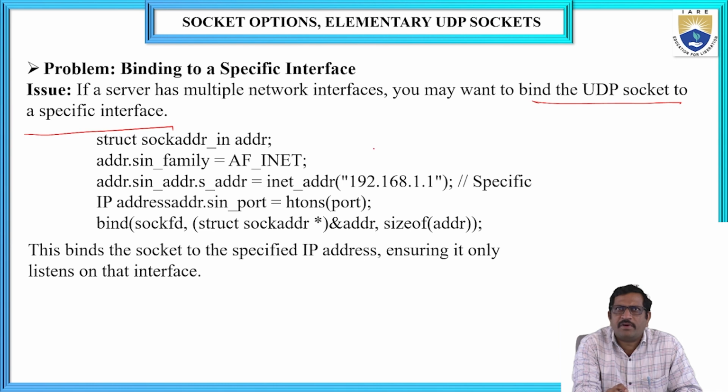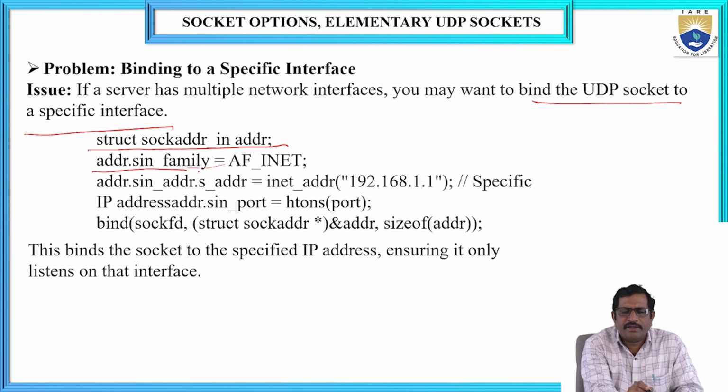For that, the code is: struct sockaddr_in addr; addr.sin_family = AF_INET, which is assigned to sin_family.